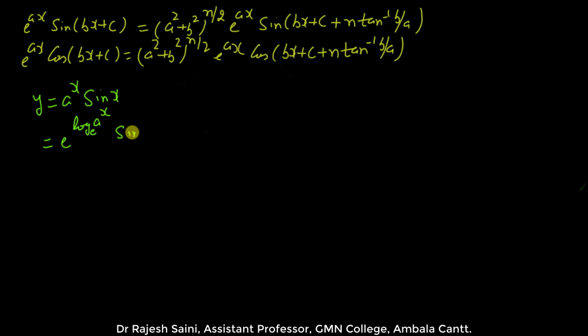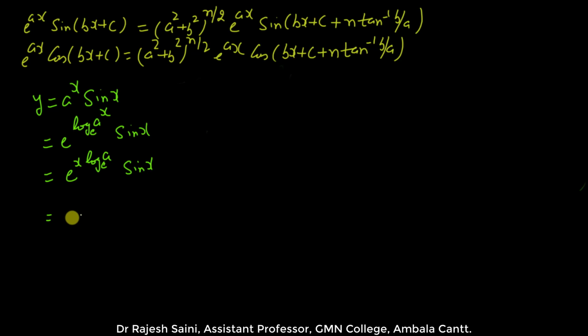This is sin x. So this will come before log by the property of log, m raised to the power n is equal to n log m. So this will be e raised to x log a to the base e, and it will be sin x.